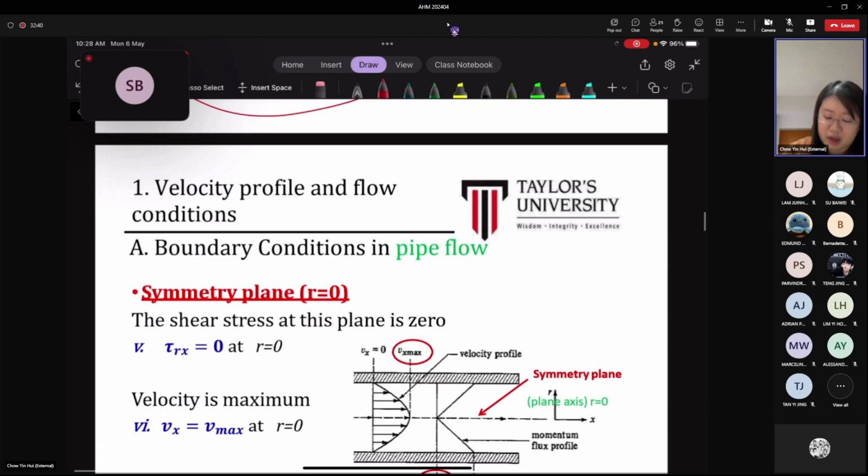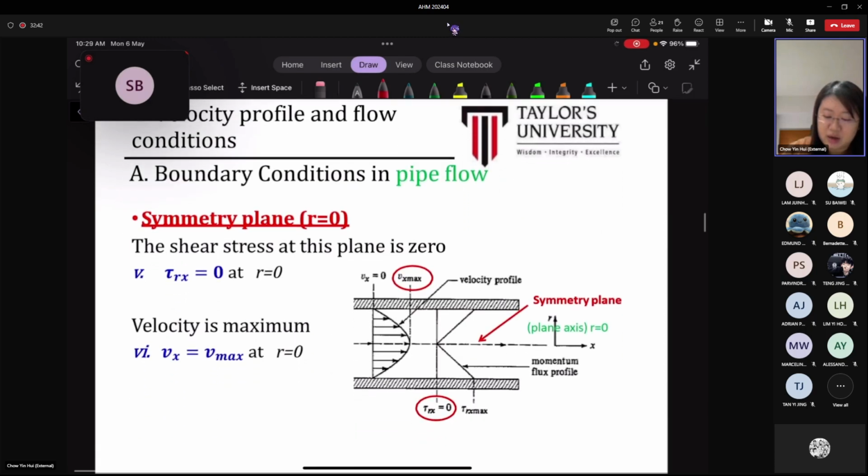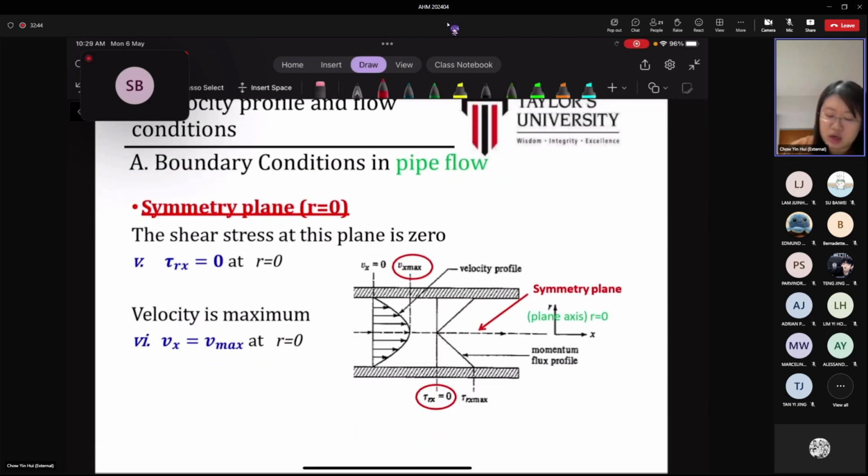Now, the next thing: let's look at the shear stress. Again, at the center of the pipe, when r is equal to 0, the velocity Vx equals Vx max, with negligible viscous effect. That's why this drawing here is your momentum flux profile.